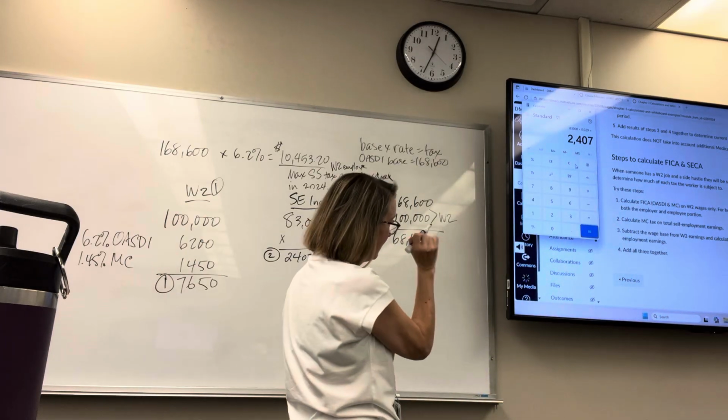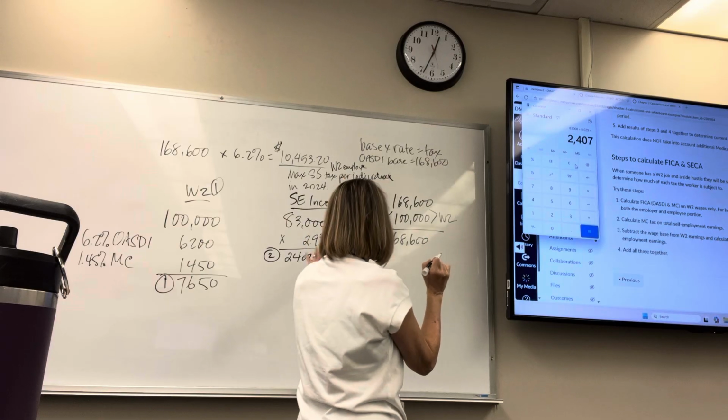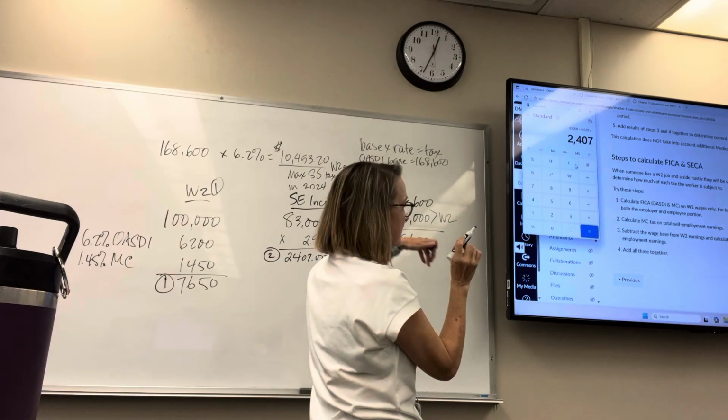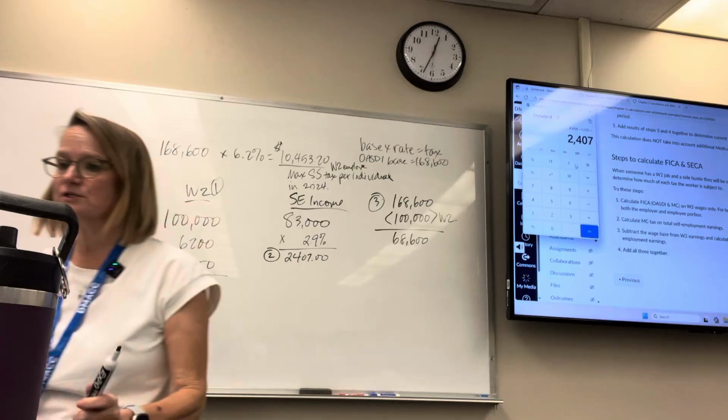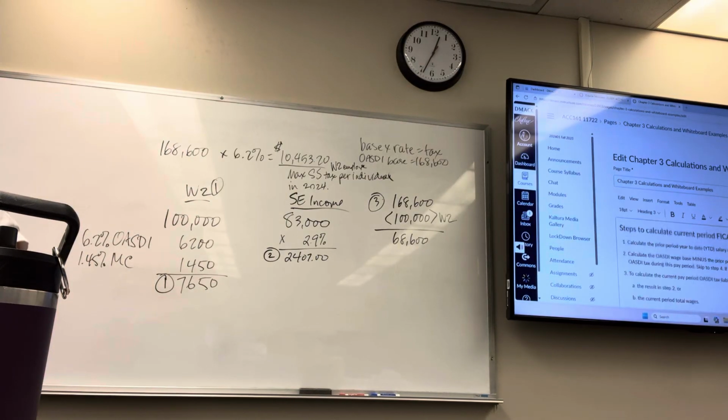And actually, I've got that wrong too. It should just be the OASDI because we've already calculated the Medicare tax. There's a couple parts there. I'm just going to change this right now so that I don't have to think about it later.